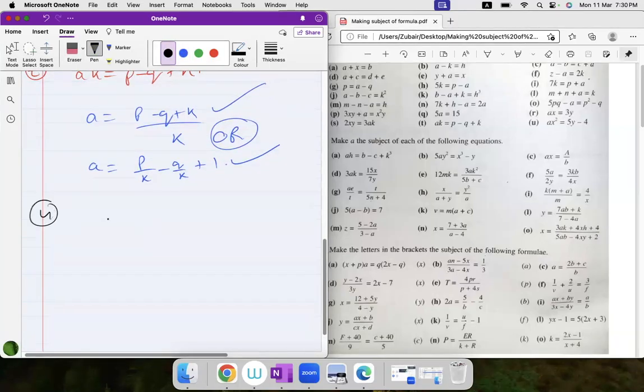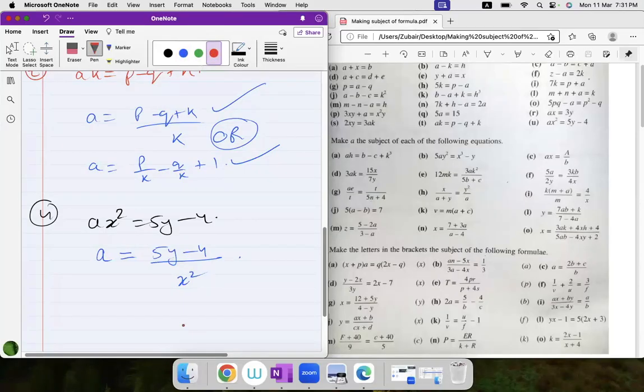The U part. AX squared is equal to 5y minus 4. So would it be A equals the square root of 5y minus 4 over x? No. If you do that, you'll have a square root over A as well. We are concerned about A only.